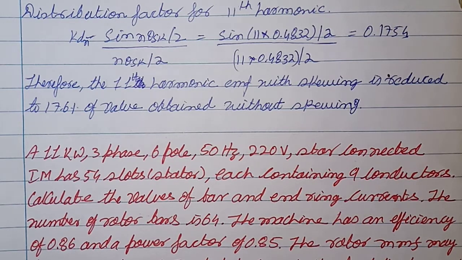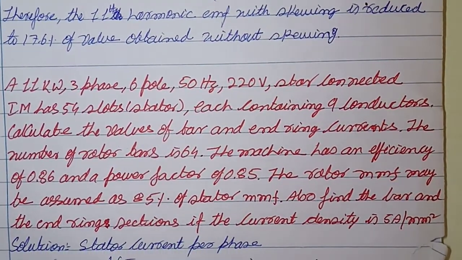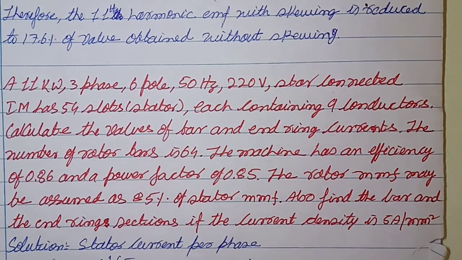The machine has an efficiency of 0.86 and a power factor of 0.85. The rotor MMF may be assumed as 85% of stator MMF. Also find the bar and end ring sections if the current density is 5 ampere per millimeter square.